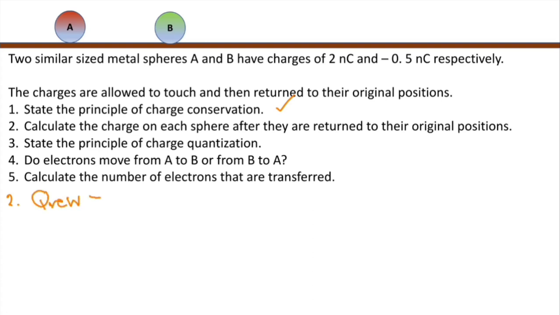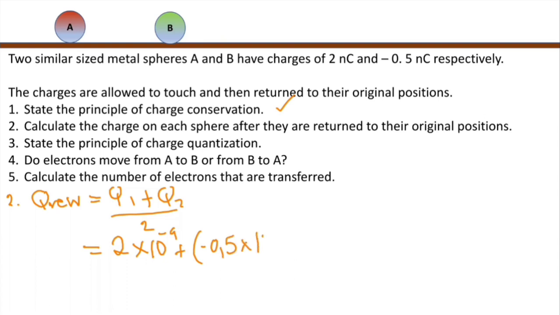So we are using the Q new formula. Q new is Q1 plus Q2 all over 2. We already know that nano means times 10 to the minus 9. And we just need to be careful of negative 0,5 times 10 to the negative 9, all over 2.